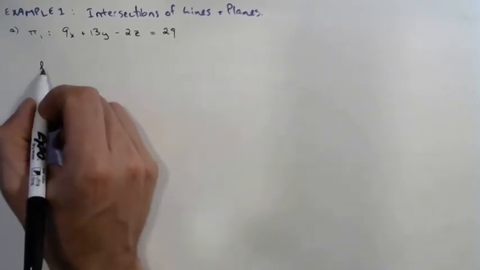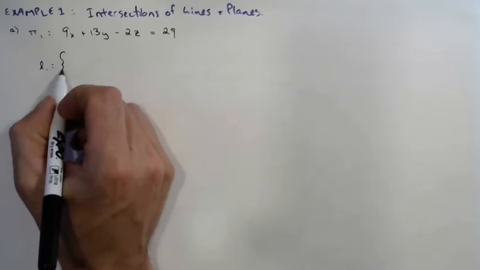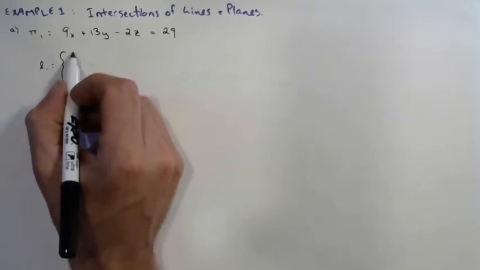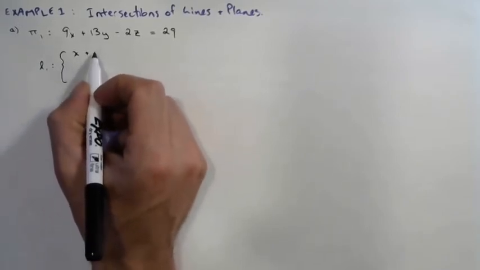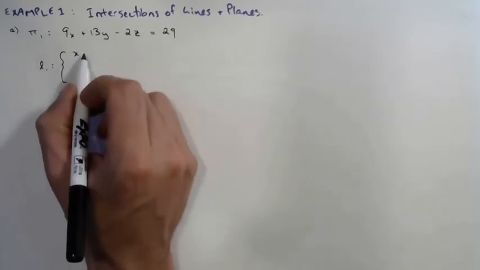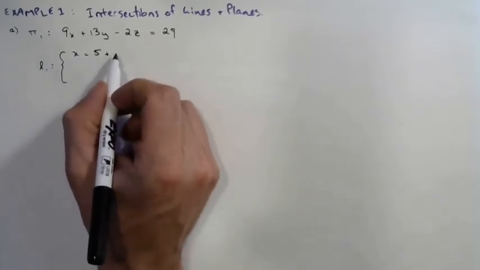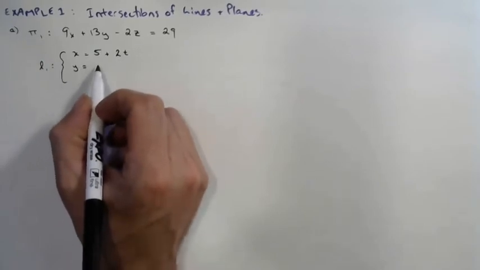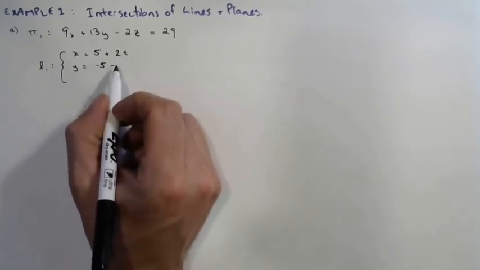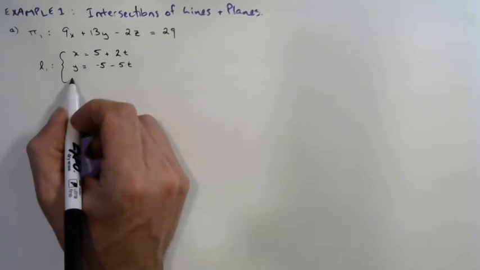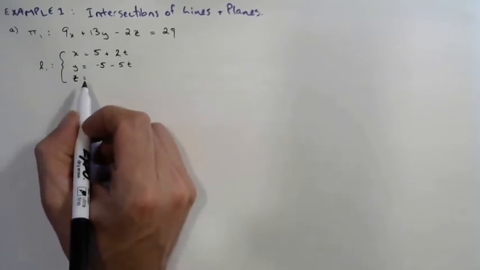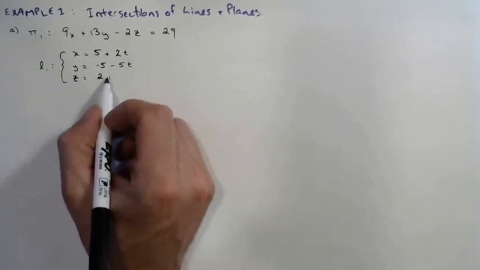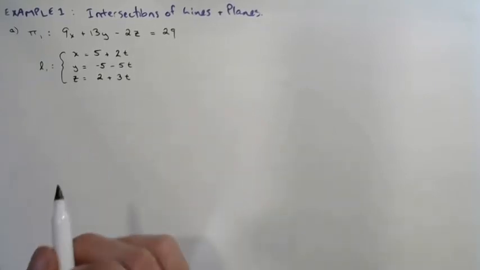And the line we're given in its parametric parts: x equals 5 plus 2t, y equals negative 5 minus 5t, and z equals 2 plus 3t.